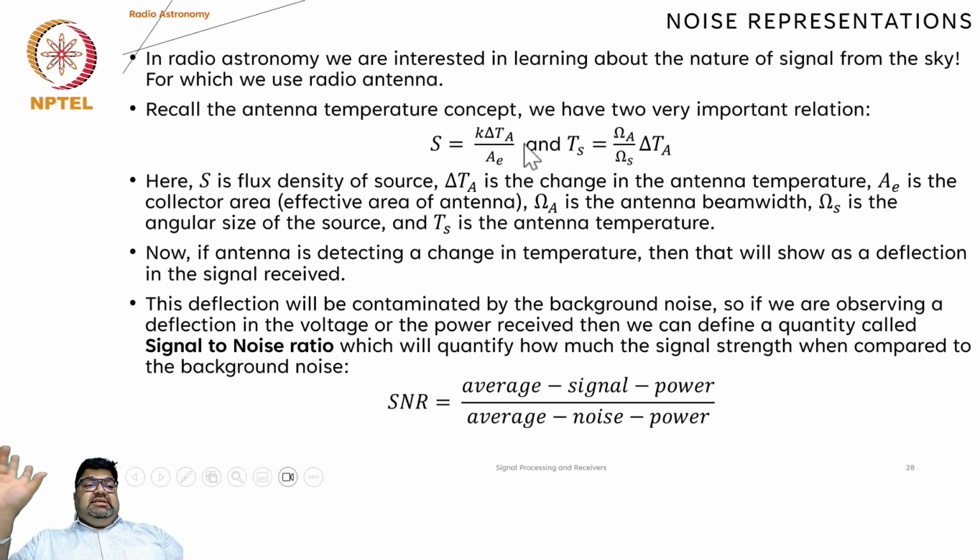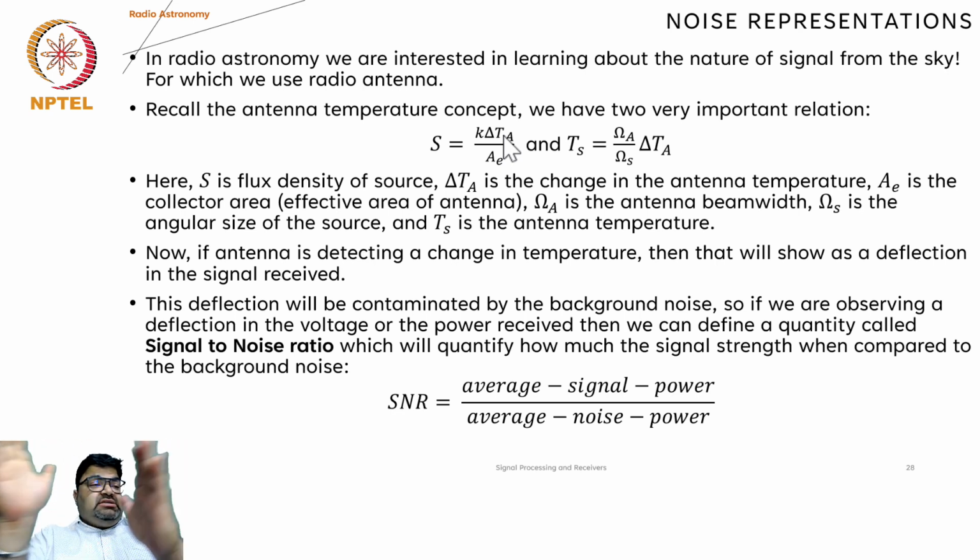You remember that lecture where we considered S equals K times delta TA, where delta TA is nothing but the change in antenna temperature when the source of interest was within the field of view minus the antenna temperature when the source of interest was not in the field of view. So it's the background subtracted. K is the Boltzmann constant, delta TA is the differential antenna temperature, on source minus off source, over the effective area.